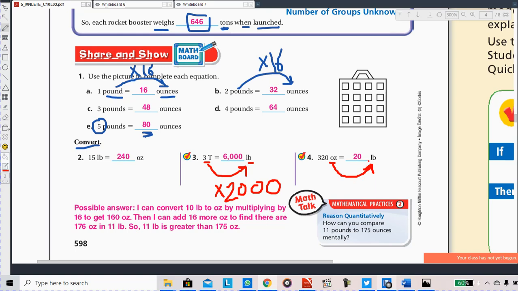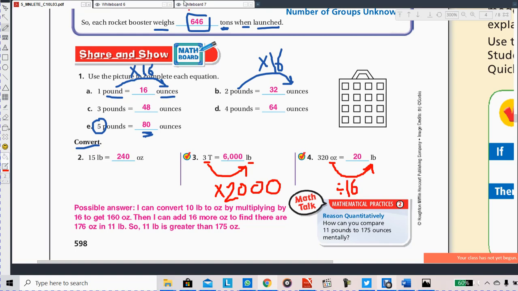Ounces to pounds. So small to big or big to small? Yes, small to big, because an ounce is smaller than a pound. So we are going to divide. Divide by what? Divide by 16. Yes.